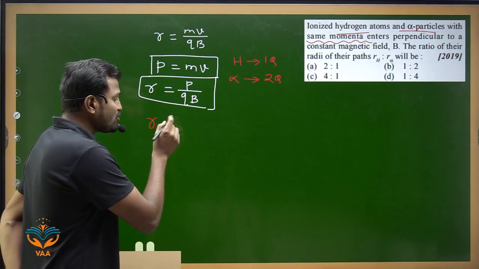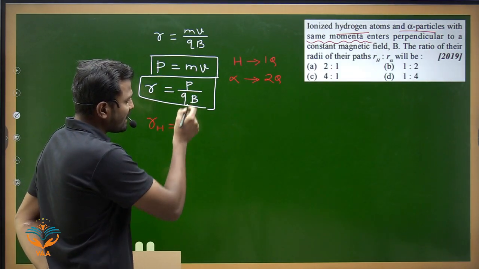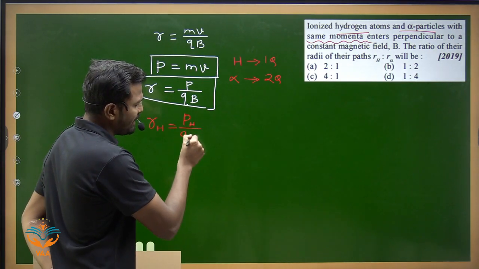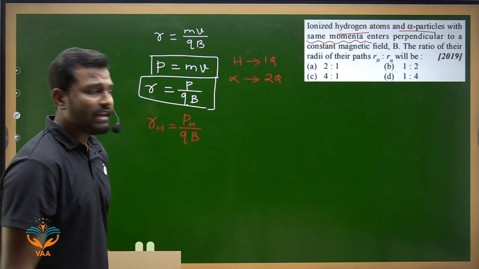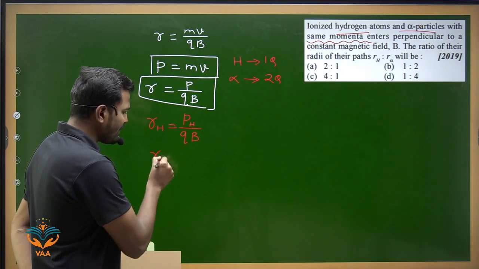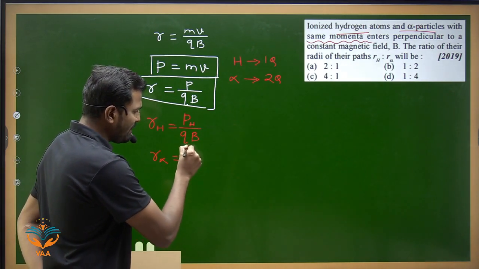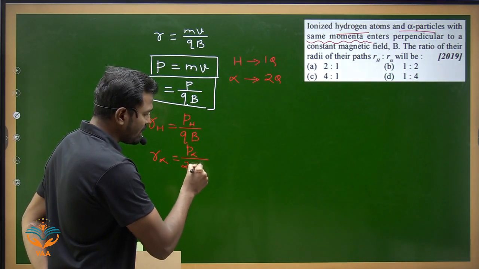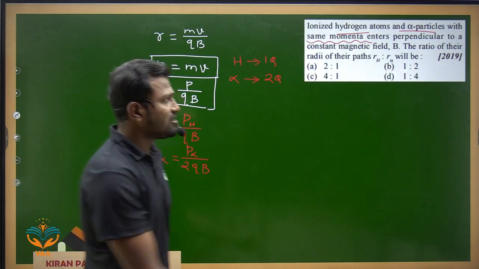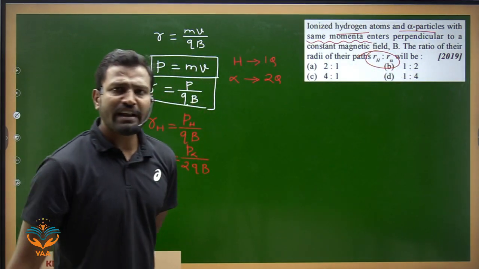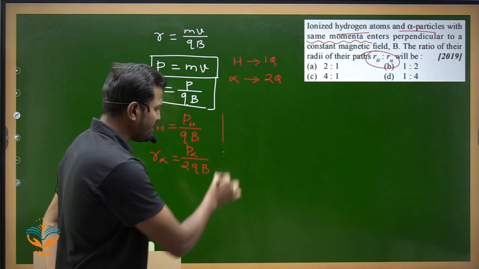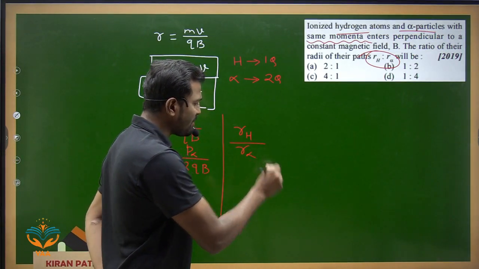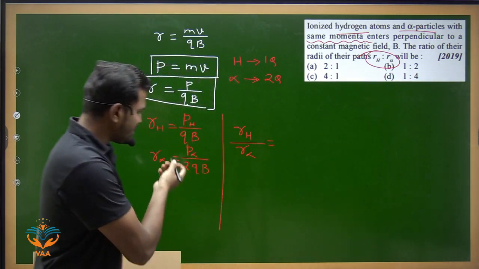So the radius of a hydrogen atom is equal to momentum divided by charge q into magnetic field B. Similarly, the radius of an alpha particle is momentum divided by 2q into B. They have asked the ratio of radii, R_H divided by R_alpha.